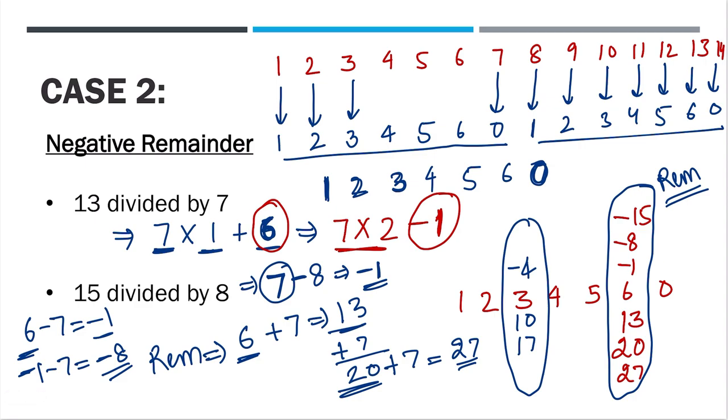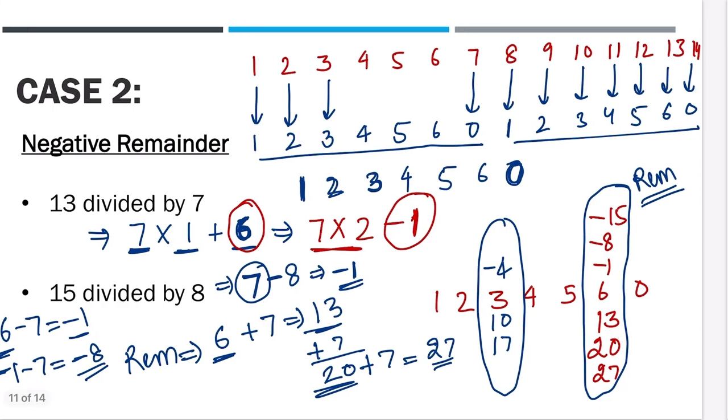That means if a number has a remainder of 1, you can add 7 to that remainder, and so 1 is equivalent to 1 plus 7, 8, or 1 minus 7, which is minus 6. Minus 6, 1, 8 and 15 are all the same remainders, right? So that is why we can also have a negative remainder.